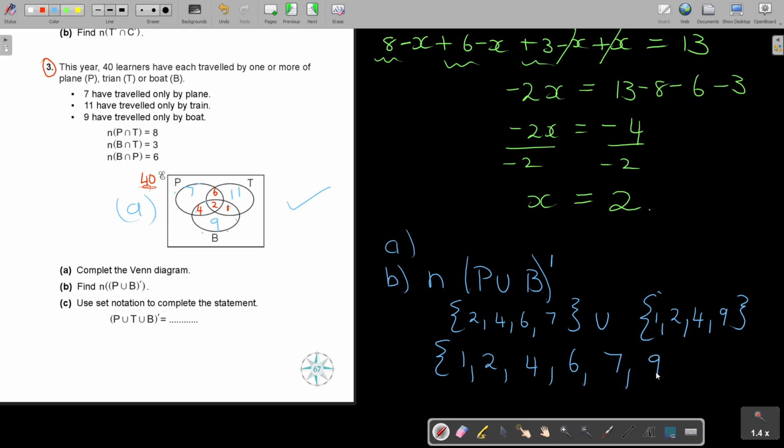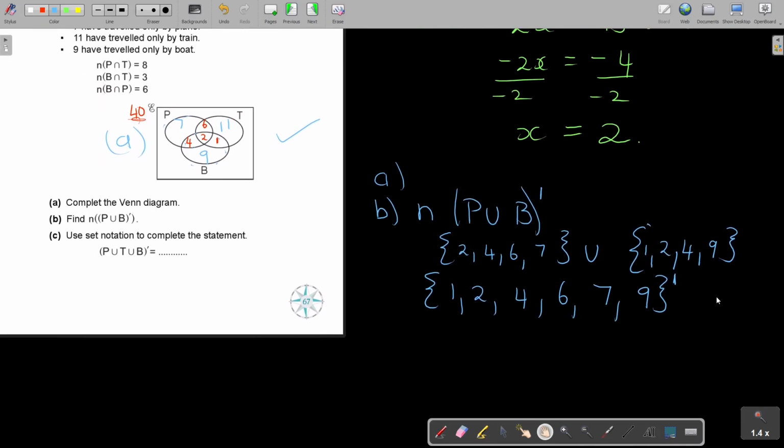Okay, but now don't forget, it's the complement of that. So it means it's all the elements except that. So it's almost like I can scratch that. So it's not 1, it's not 2, it's not 4, it's not 6, it's not 7, and it's not 9.